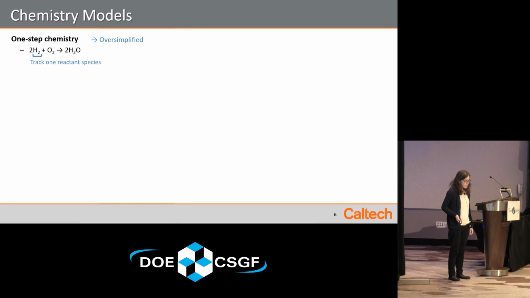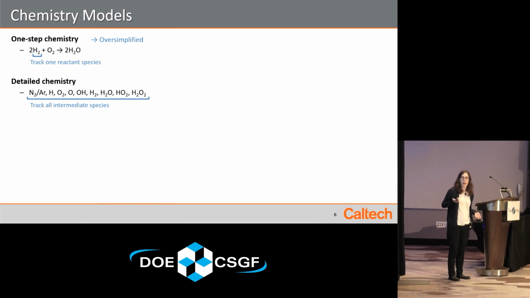On the other extreme, we have detailed chemistry, which is what was used for the simulation on the previous slide. And here we have a lot more information. We keep track of our reactant species, our product species, and all the intermediate species in between.